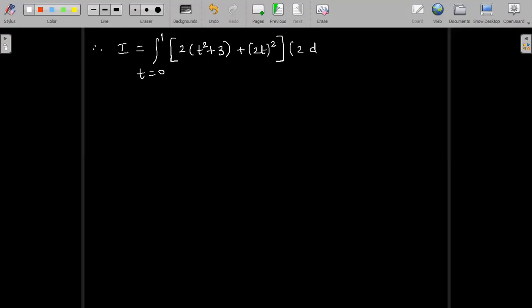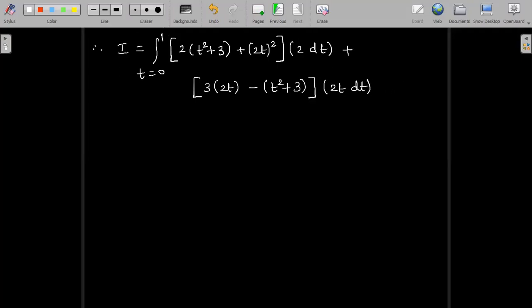Plus, similarly, I have to open another bracket. We have 3x minus y into dy: 3 into x, 2t, minus y, y is t square plus 3, the whole thing into dy. dy will be 2t dt.